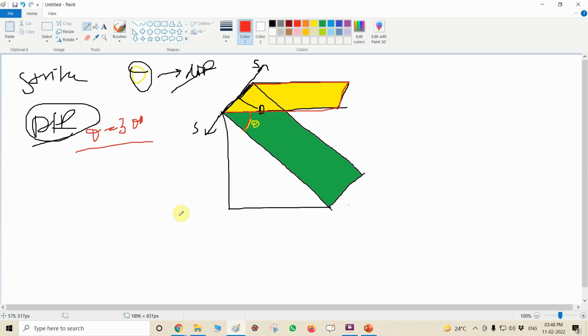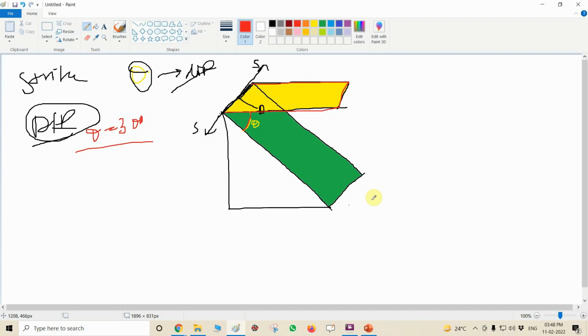One thing I didn't mention intentionally for the dip part, I'll discuss it after completing this portion. So first understand how you estimate or calculate the strike and dip of a bed. So this is the bed and this is how the bed is oriented.